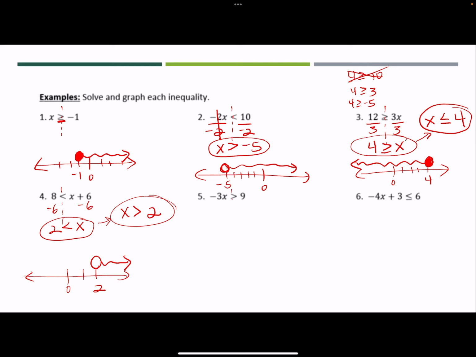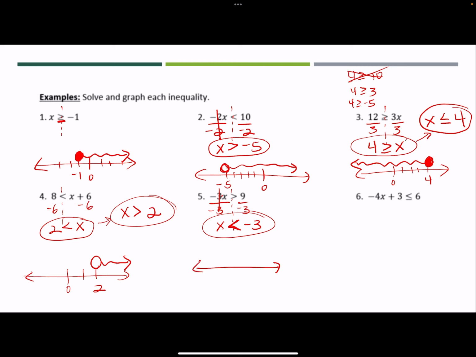All right. How about this one? Let's get x by itself. Negative 3x means negative 3 times x. Inverse of multiplication is division. We're going to divide both sides by negative 3. Because I'm dividing, I'm flipping the inequality, so it turns into a less than. And then 9 divided by negative 3 is negative 3.